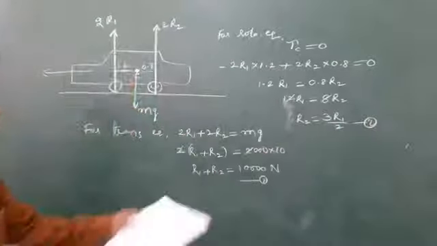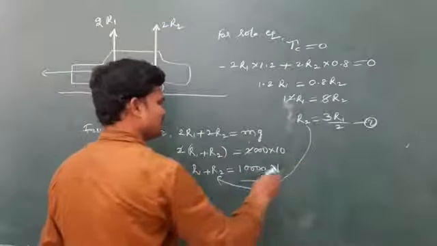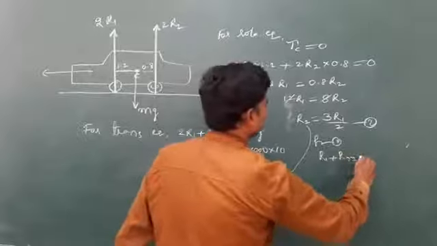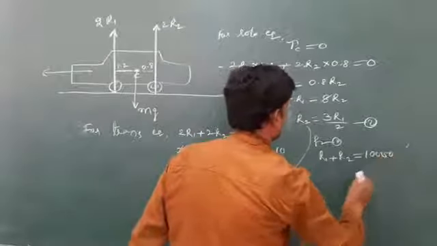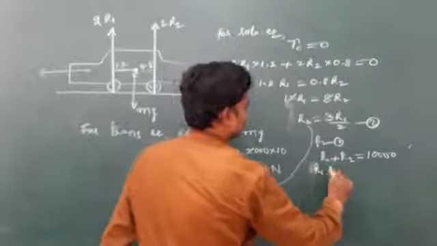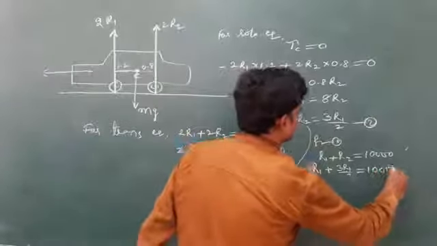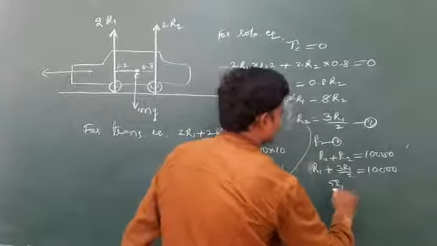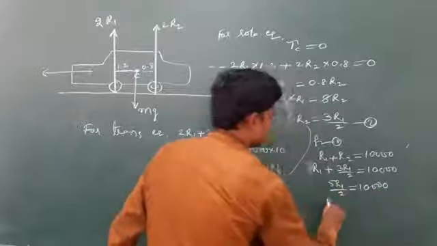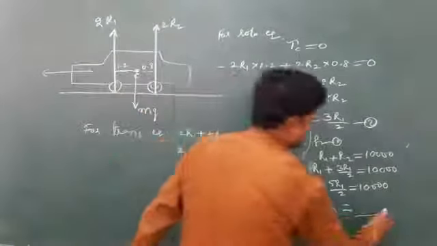Just substitute R2 in equation 1 and you will get the answer. From 1, R1 plus R2 equals 10,000, so R1 plus 3R1 by 2 gives 5R1 by 2. You will get R1 equals 20,000 by 5, which is 4000.